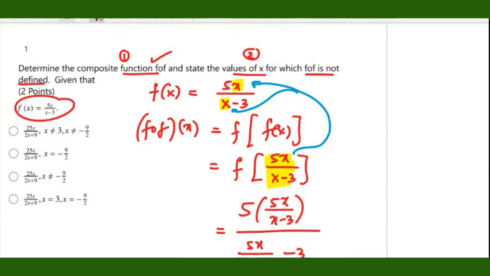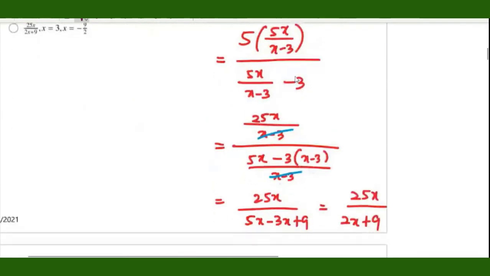Now looking at the second part of the question, determine the values of x for which f of f is not defined. Looking at the original function f, it cannot take the value x equals 3. The composite f of f cannot take the value x equals negative 9 over 2, whichever value makes the function undefined.